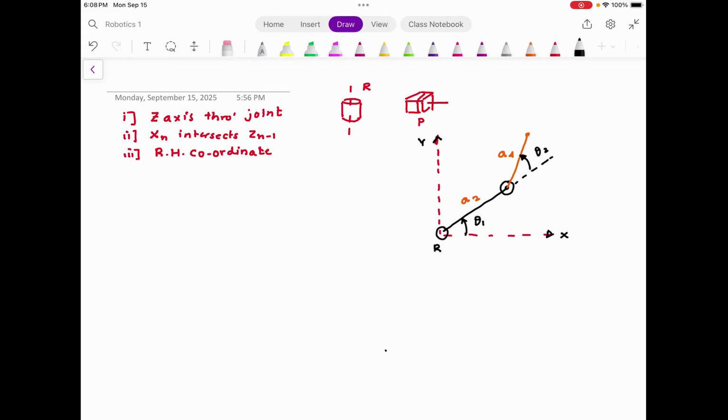Now, what is forward kinematics? Forward kinematics is: given theta 1 and theta 2, find x end effector, y end effector, z end effector in the zeroth, or inertial, frame.